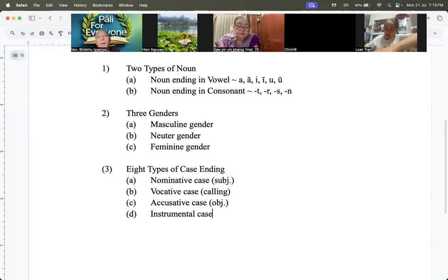So instrumental case is used to refer to those things that can help us. For example, now we are learning Pāli, so through the internet or through the computer, through the online. And so we can go to another place by bike, by vehicle like that, or on foot.